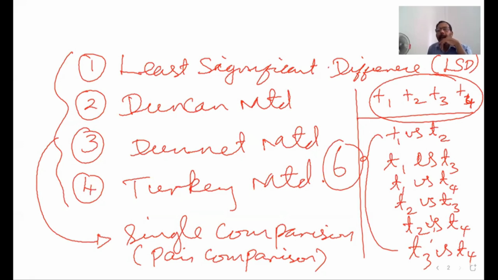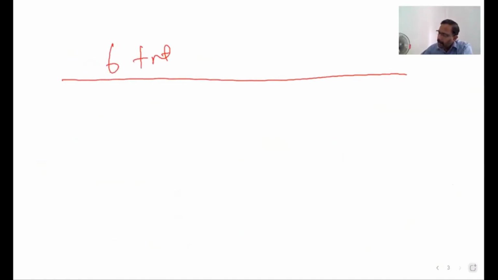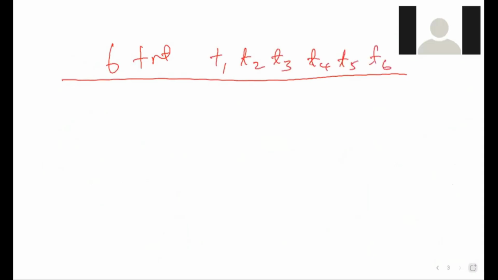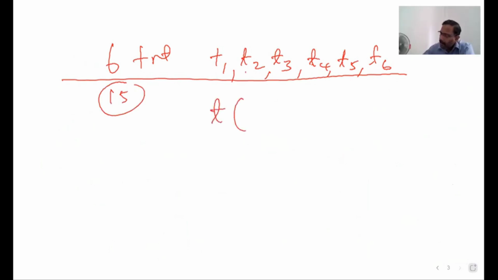If you have 6 treatments, how many possible comparisons? Let's say T1, T2, T3, T4, T5, and T6. Yes, you said 15. Yes, 15 comparisons. There is a formula: T into T minus 1 divided by 2.